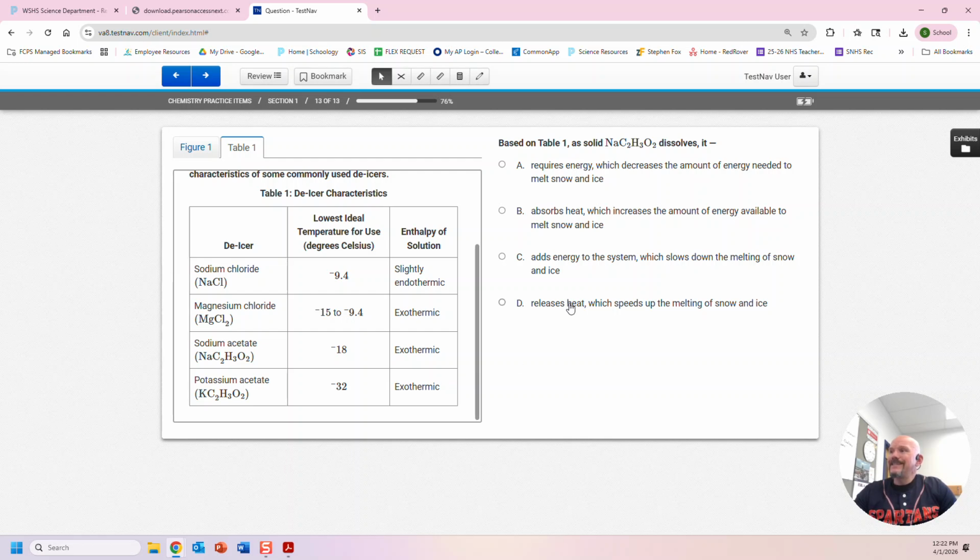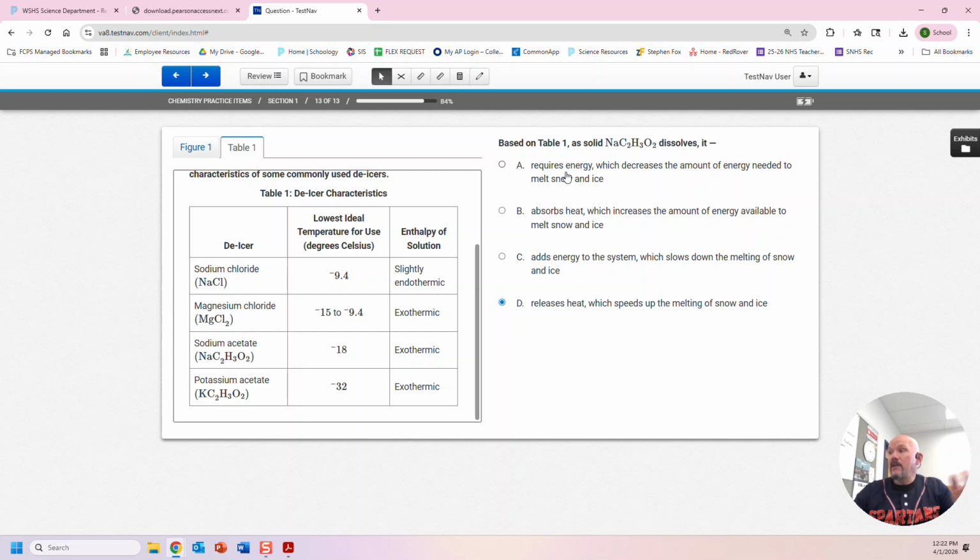So it releases heat, which speeds up the melting of the surrounding snow and ice. It's not adding energy to the system. Exothermic is releasing energy to the surroundings. It's not absorbing energy, it's losing energy, it's releasing it. It's not requiring energy, it's producing energy.